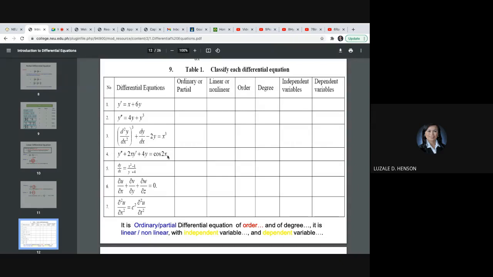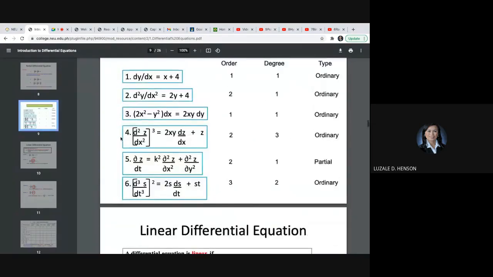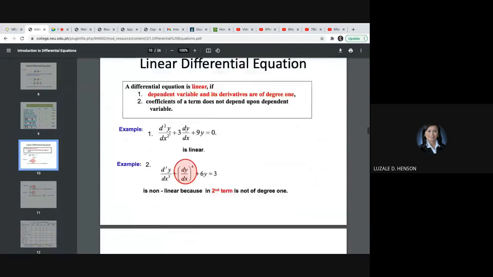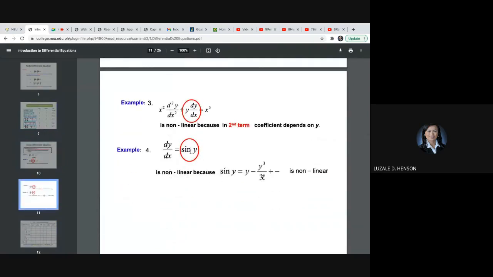So it is still linear. That's linear, class, because it is written in our definition about the coefficients, in the second example. Here, in the fourth example, it is non-linear because of sine of y. When you graph this one, this is a sinusoidal function, class.